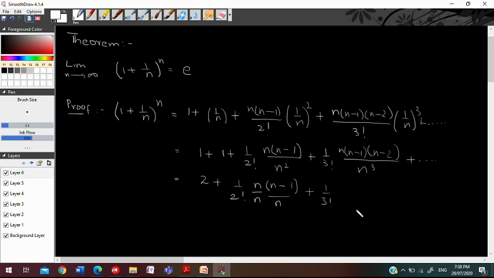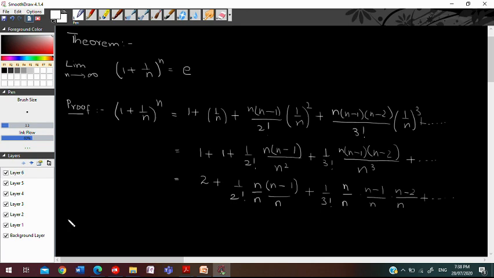Then again I split this n cube into 3 times: n by n, then n minus 1 by n, then n minus 2 by n, plus up to so on. If you combine it, you will again get n into n minus 1 into n minus 2 divided by n cube.